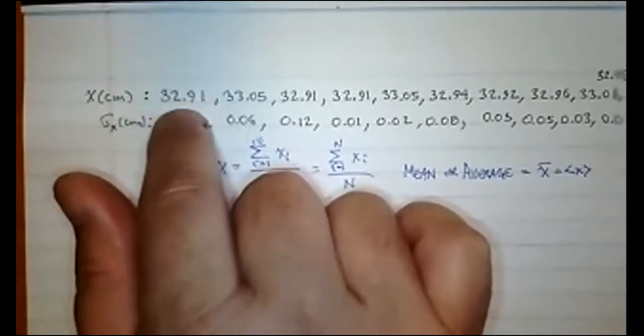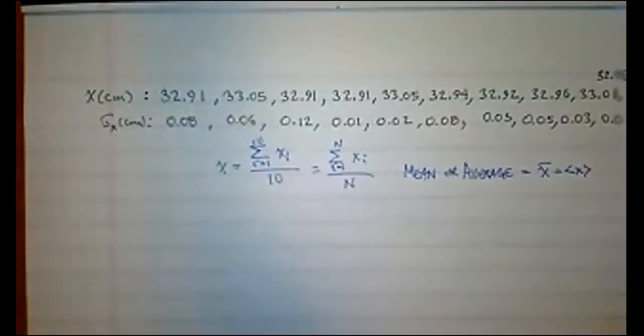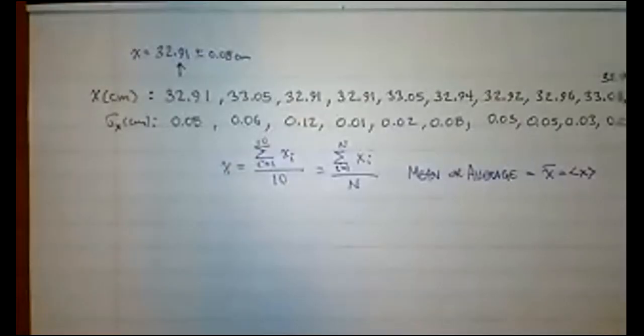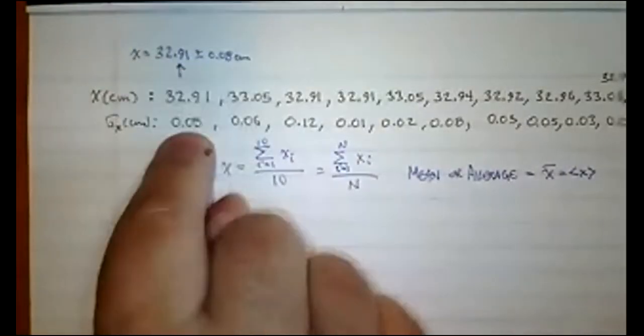If I gave you that back, then what I mean by that is my group would tell you that X is equal to 32.91 plus or minus 0.08 centimeters. That's what that means with that number below it.